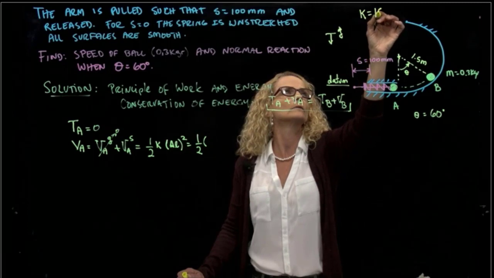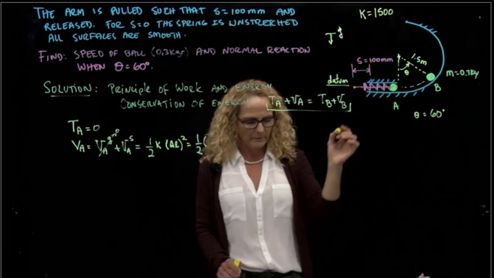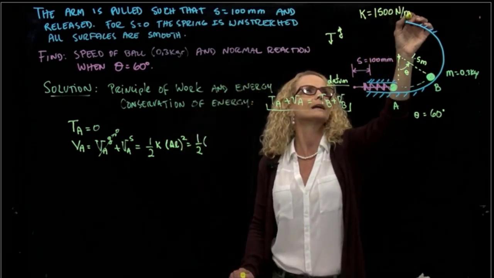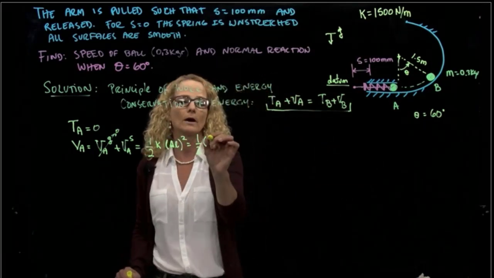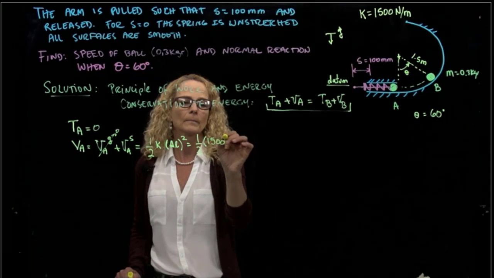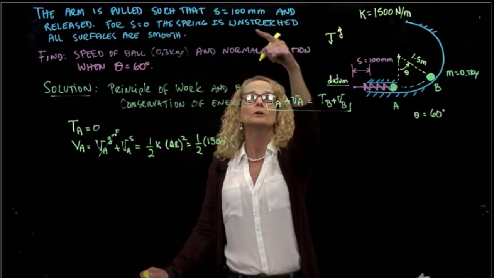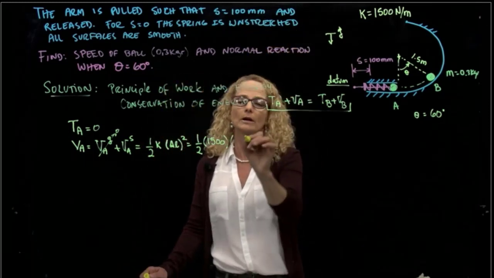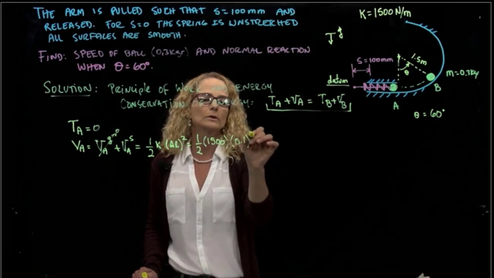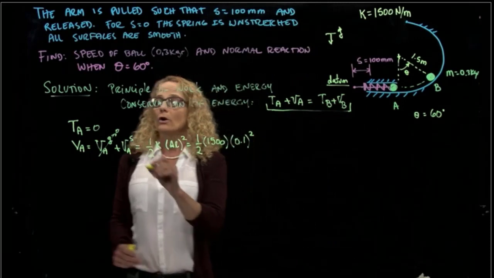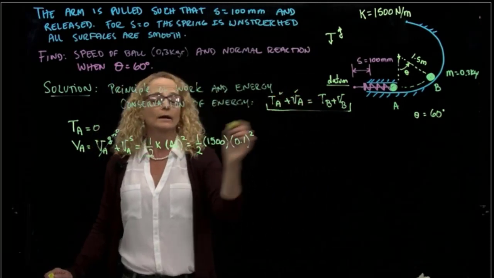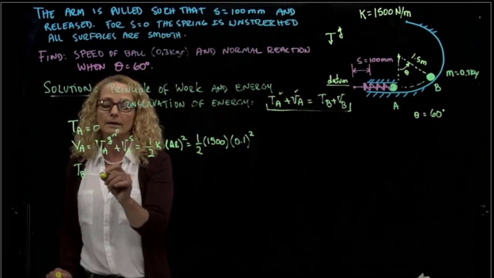Sorry that I did not write it: 1,500 newtons per meter. That must be given in the description of our system. And delta will be 0.1 meters. I will work in consistent units, so I will convert millimeters to meters.